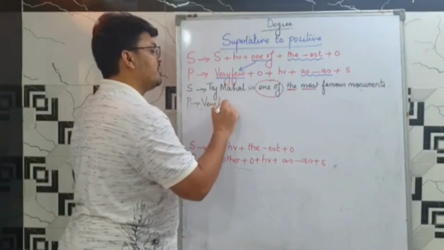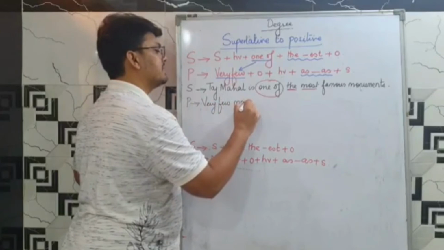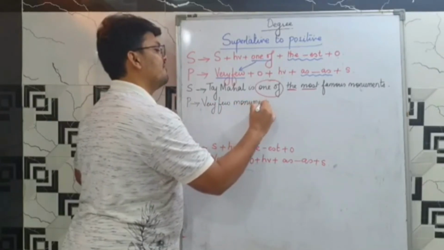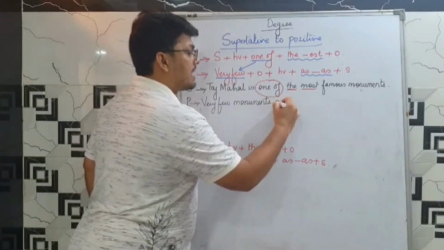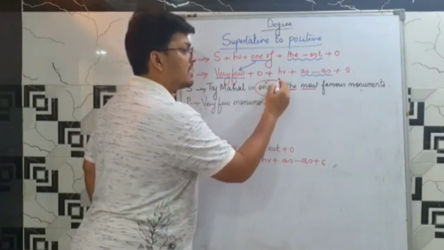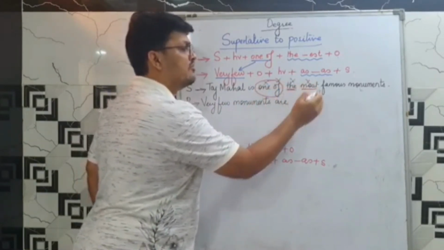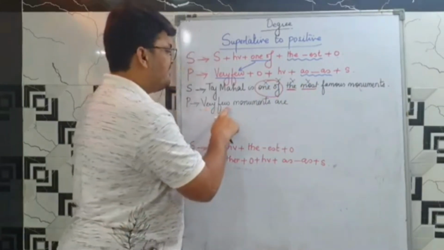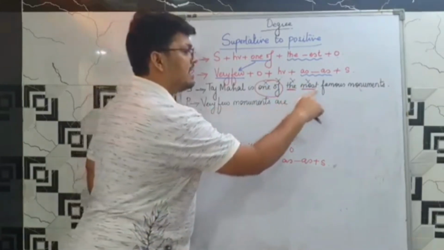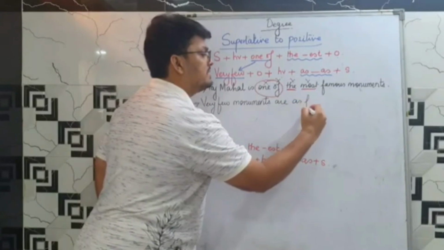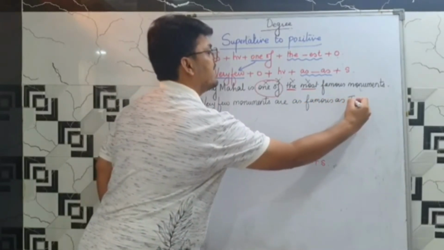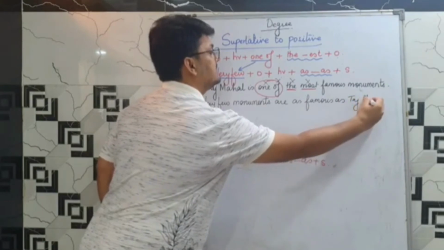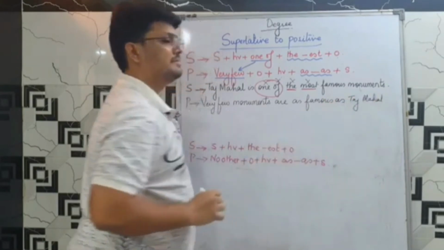So, very few monuments are. Remove one, remove of, remove the, remove most. Very few monuments are as famous as Taj Mahal. As famous as Taj Mahal.